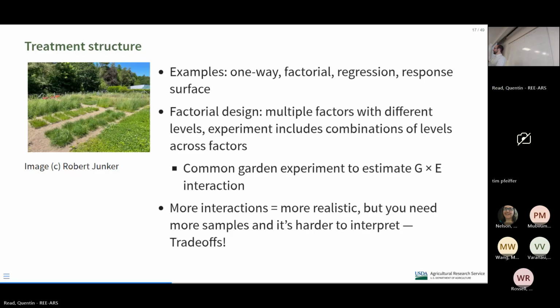You have to multiply the number of combinations. So the number of samples you need total blows up. Not to mention, it's hard to interpret very high order interactions, what they mean exactly. So again, it's a trade-off, right? A one-way design is very simple to interpret, but it doesn't have as much realism because that's only one of the many variables that actually could be changing in the real world.